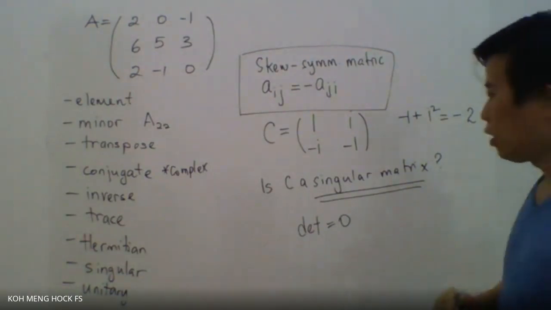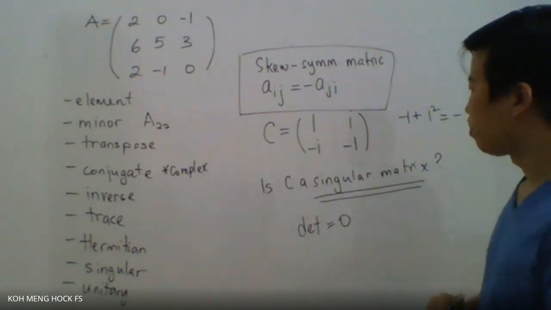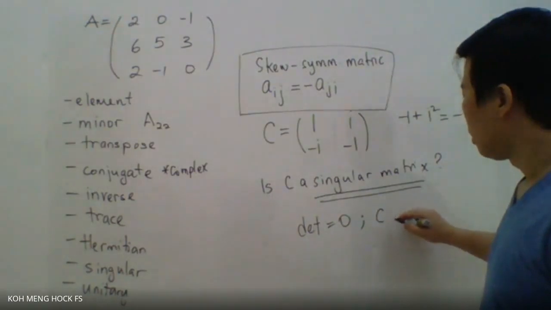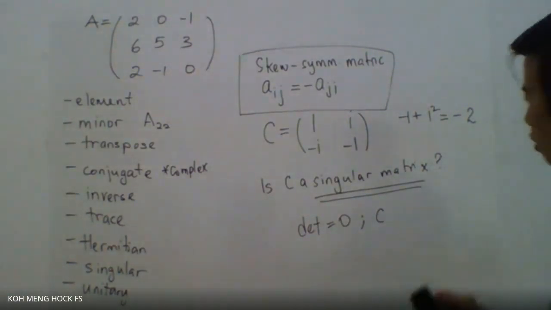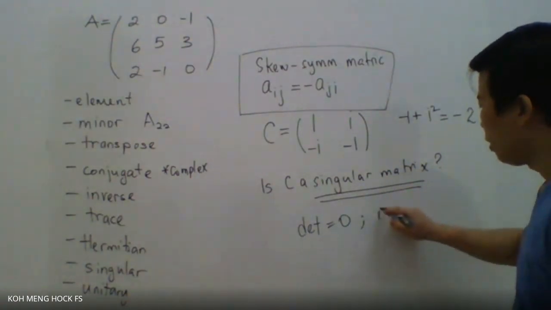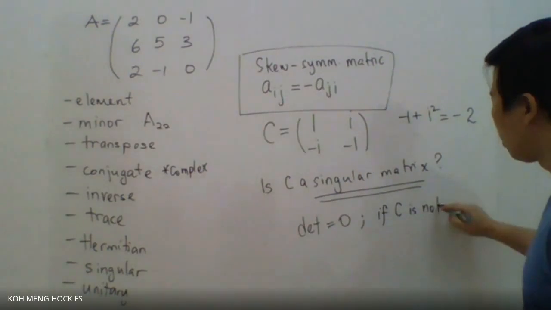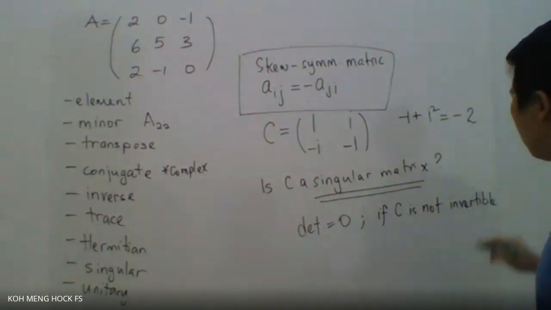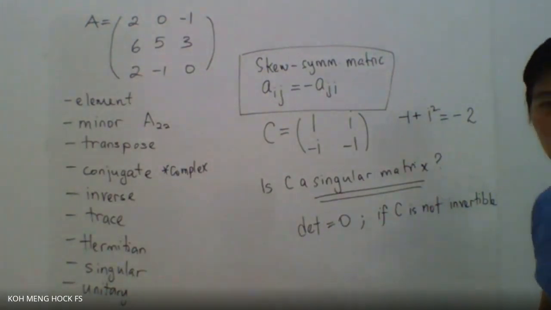But now the most important thing is, if the determinant is equal to 0, of course, it's a singular matrix. But the proper definition is, let me write in full: if C is not invertible, if the matrix cannot be inverted, then that is a singular matrix.